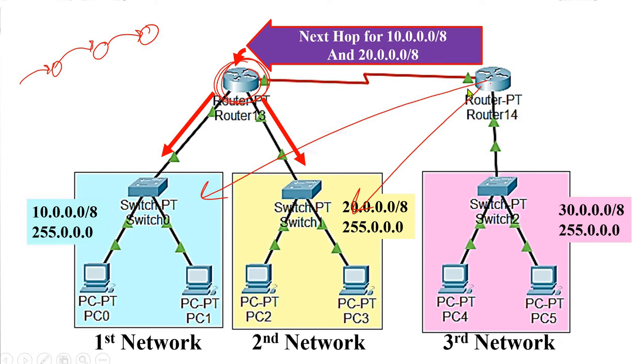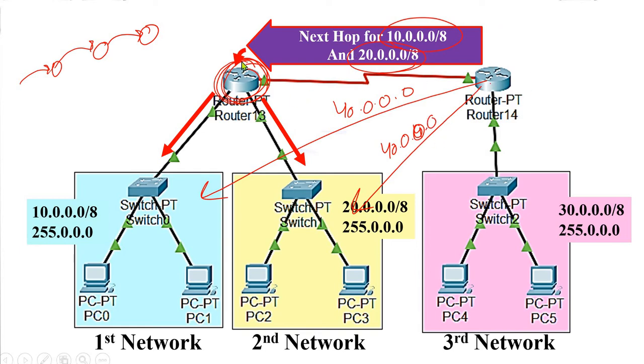So this router is connecting to both networks 10.0.0 and 20.0.0 via this router. We are connecting these two networks via the 40.0.0 network. Also this network is connected via the 40.0.0 network.